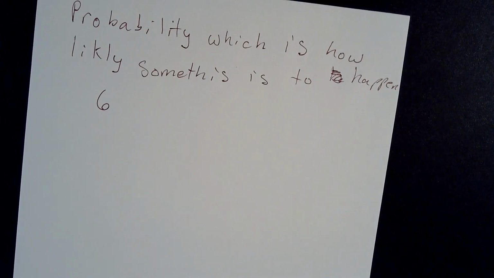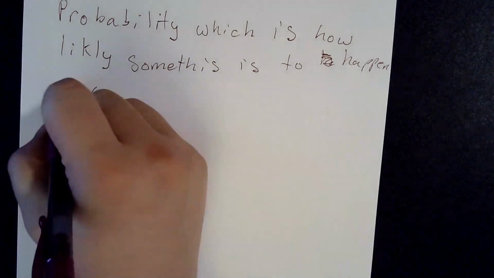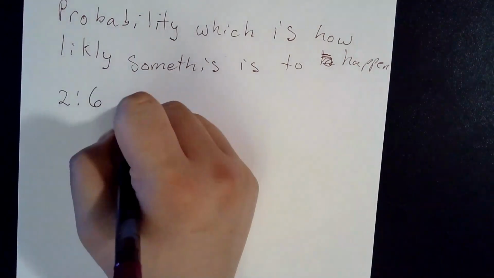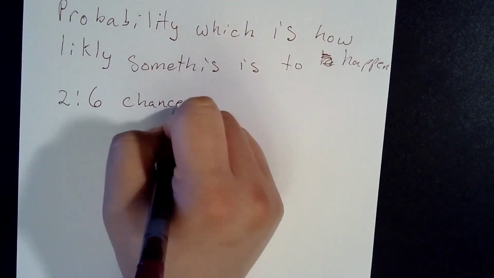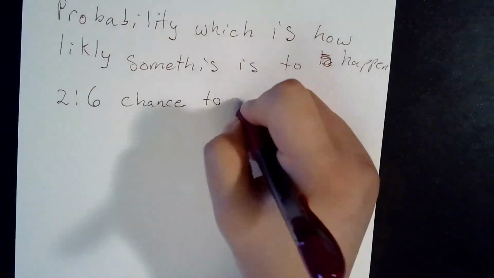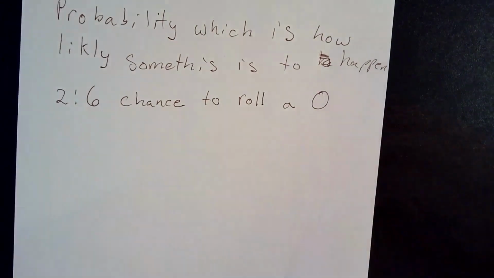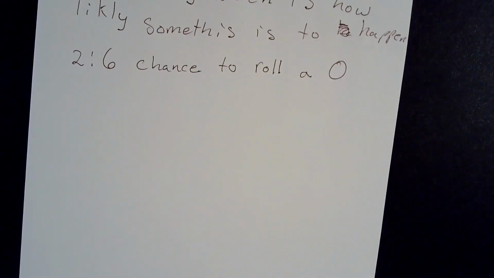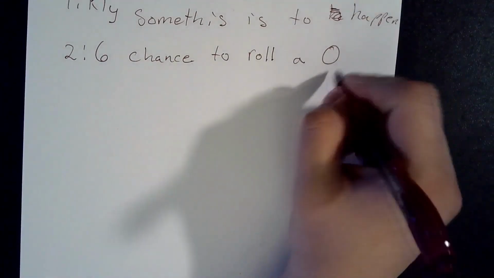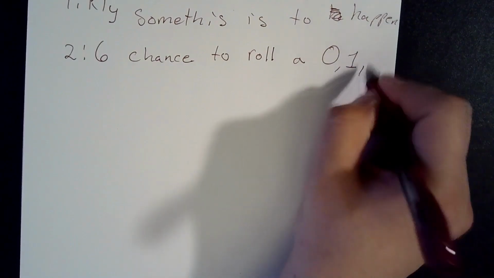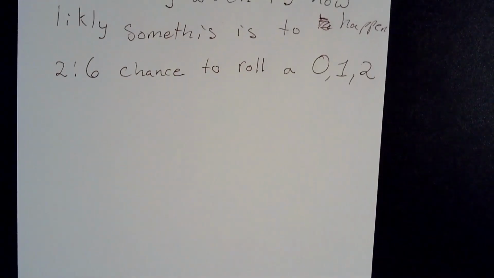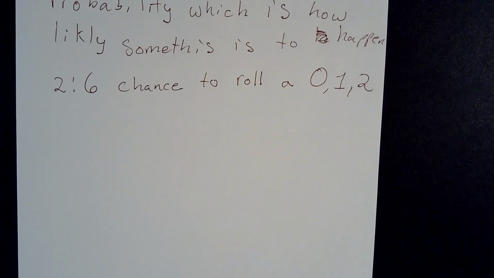If I have two faces with 0, I have a 2 out of 6 chance to roll a 0. Same thing with a 1 and a 2, okay? So I have a 2 out of 6 chance to roll a 0, 1, or a 2. So let's see if I can roll a 2.